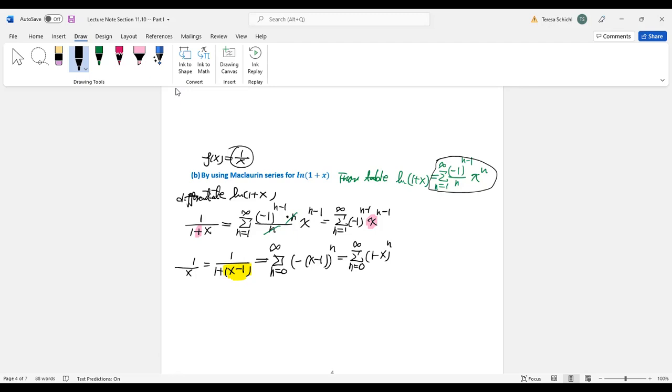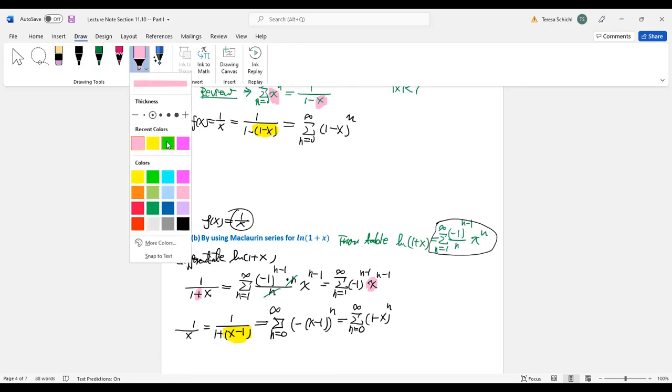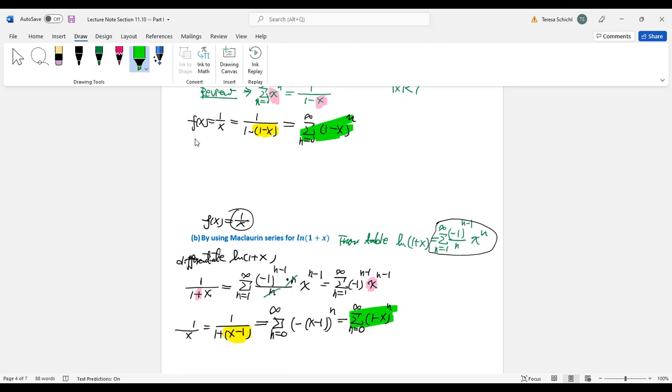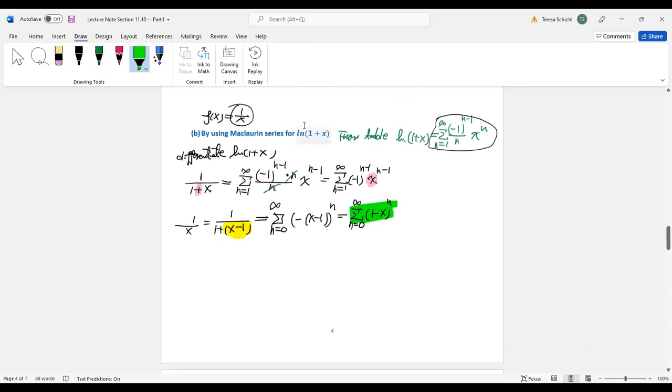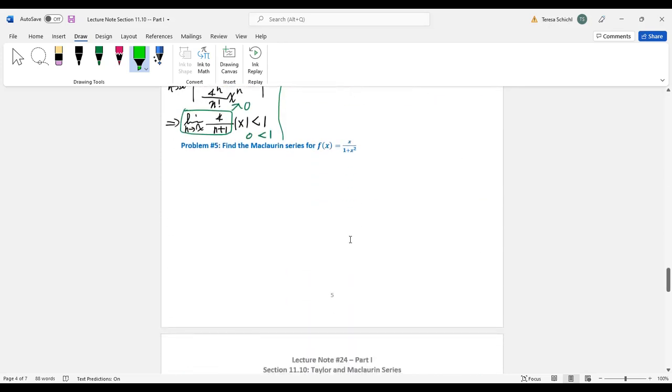Okay, so that is how you can do that: by using the existing Maclaurin series, you can find the series for 1 over x, and both will get the same answer. One is using the existing Maclaurin series, and the other is using the Maclaurin series for the natural log of 1 plus x, and then you just manipulate it to match.